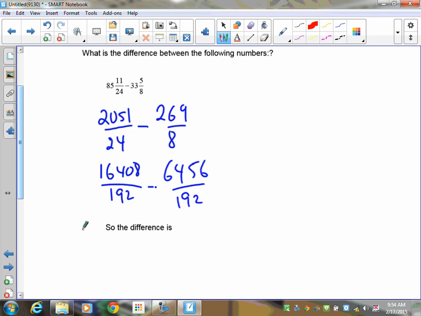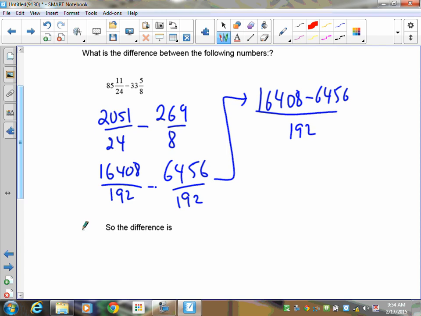And of course now that we have our equivalent fractions, I can simply subtract them. And that gives me 9,952 over 192. Improper to mixed gives you 51 and 5/6, and I expect you to use your ABC button to do it.